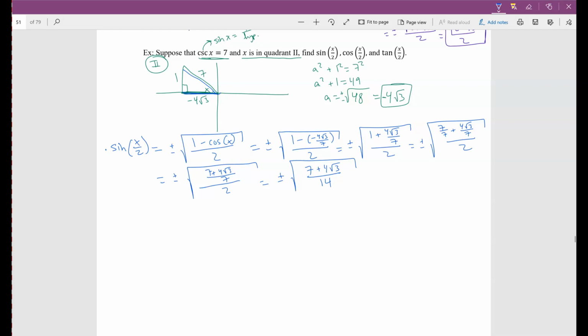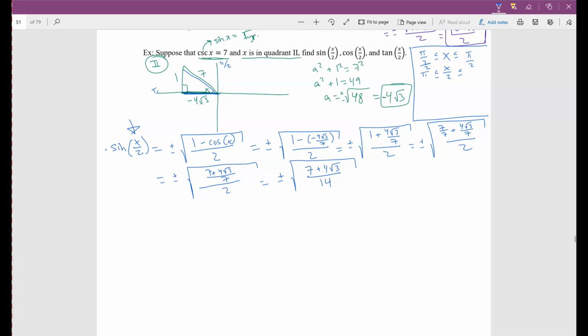Now, the only thing that's really difficult is that you need to figure out where exactly x over 2 is going to be at. We're going to do something that we were doing in the previous one, which was with a double angle. We were trying to figure out where 2 theta was. Well, in this case, we know where x is. X in this case is between pi over 2 and pi, which basically means it's in quadrant 2. So if I want to know where x over 2 is, all I got to do is divide everything by 2.